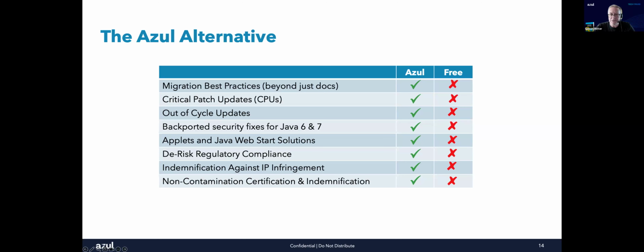So all of those things are what we provide in terms of platform core. There are other things as well. So support for applets, support for Java Web Start. Those old end-of-life technologies, there are still lots of people using them. So in conjunction with JDK6, JDK7, 32-bit builds is another thing that we can provide for very old systems. So all these things are part of what we offer.